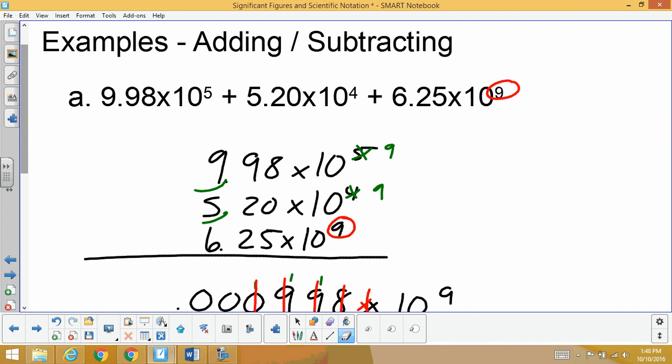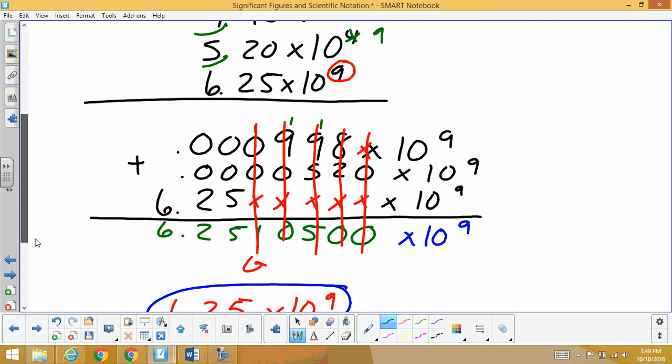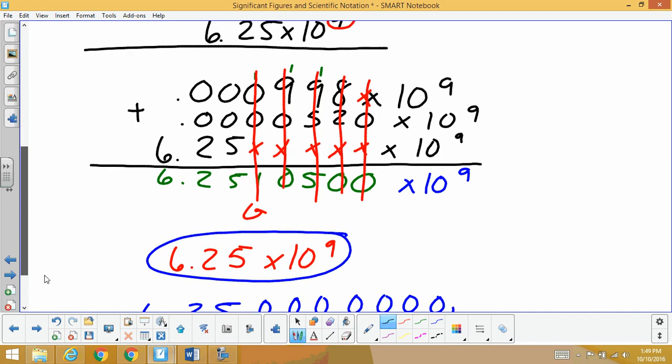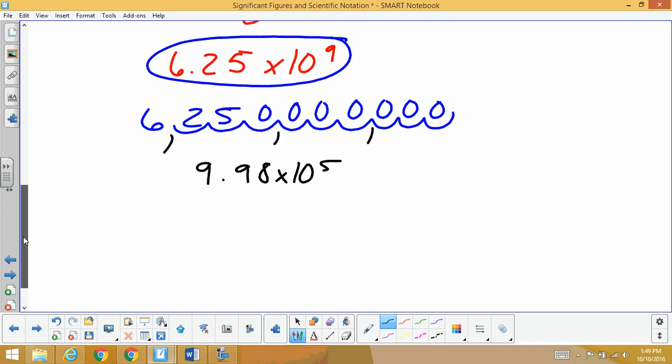But when we were adding this, originally, before we moved decimals, we're adding a 9, a 5, and a 6. So just rough estimating, we're at about 20 or 21. But the exponents are so small, and this is the key thing, they were 4 and 5. If we were truly to write them out, 9.98 times 10 to the 5th, we move those over and look at the large number, 1, 2, 3, 4, 5.